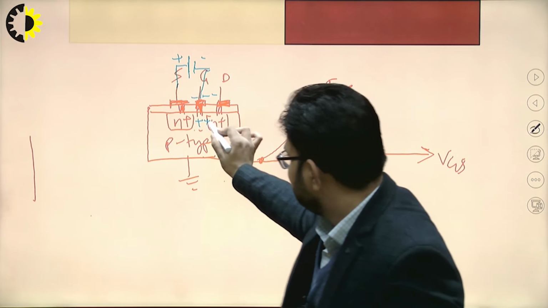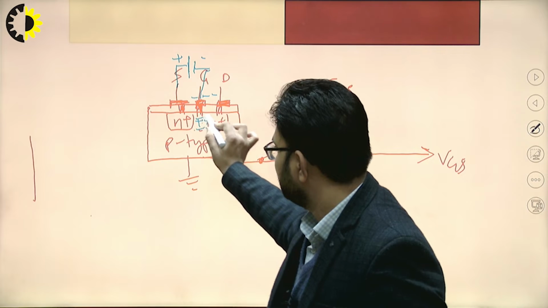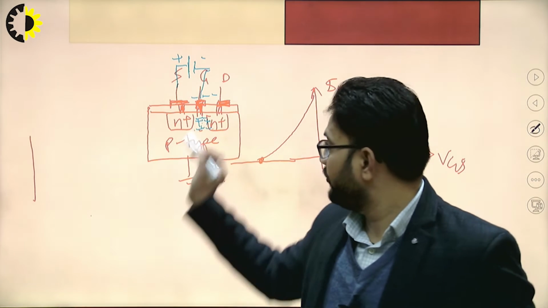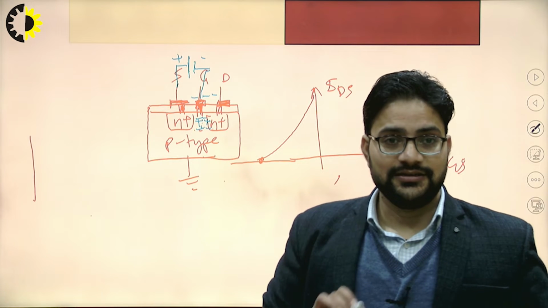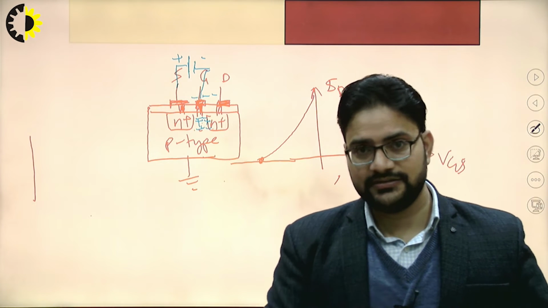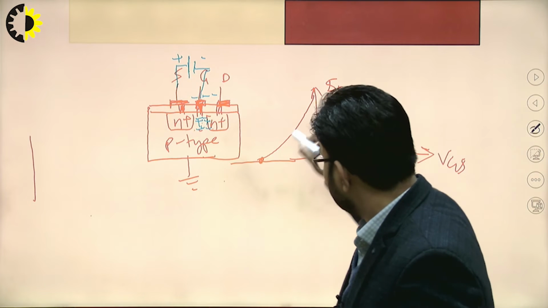Now these will combine with the electrons that were moving from the source to the drain. Then the drain current will reduce, right? So it will reduce like this exponentially.